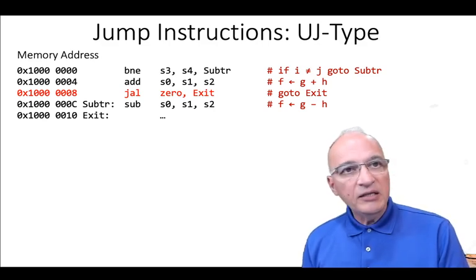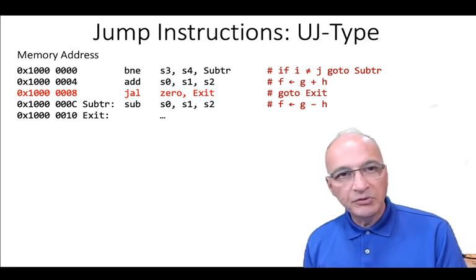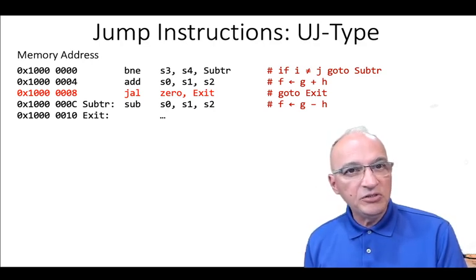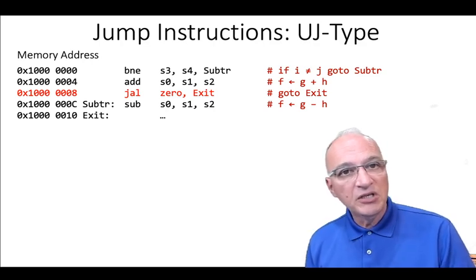If I look at the distance between the jump and link instruction and the exit, I will see that the distance is 8. I'm jumping over one instruction, so I'm doing a jump that is 2 instructions in length, which is 8 bytes, since each instruction has 4 bytes.